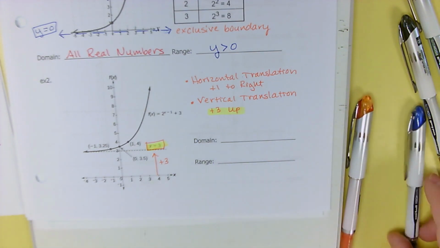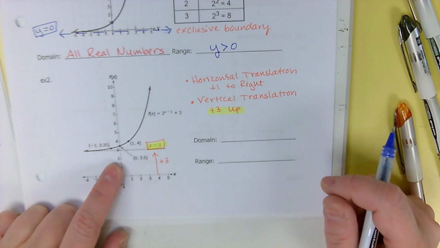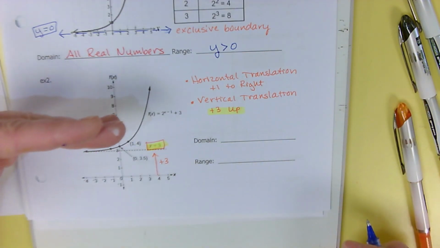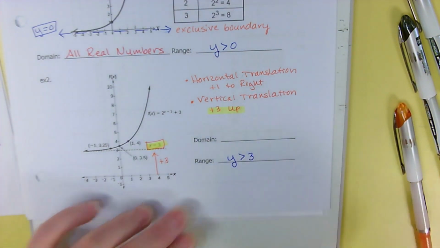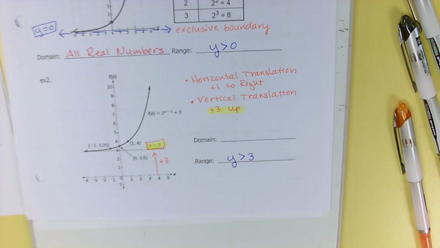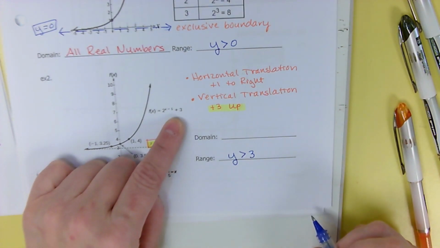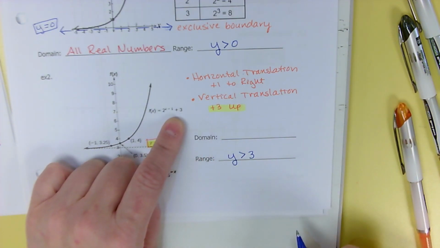This is going to affect your range because now your y values can't be 1 or 2 or 3. They have to be greater than 3 because the asymptote has moved up 3. So your range in this case is y is greater than 3. And you would get that from the graph or just from looking at the equation and noticing that there's a vertical translation up 3.